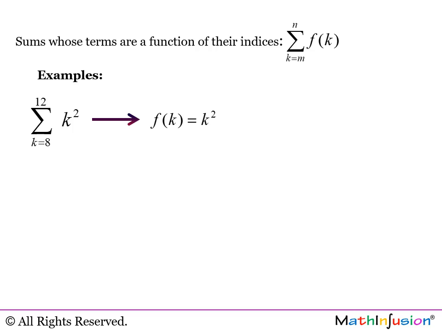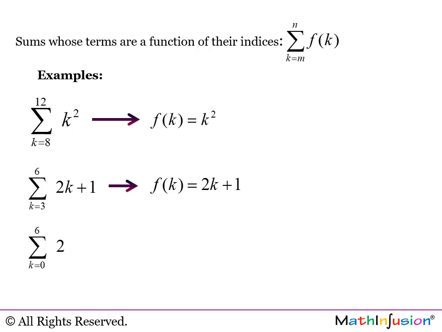We already did this one. And here, the function is 2k plus 1. This one can also be viewed as a function, the constant function f of k equals 2.